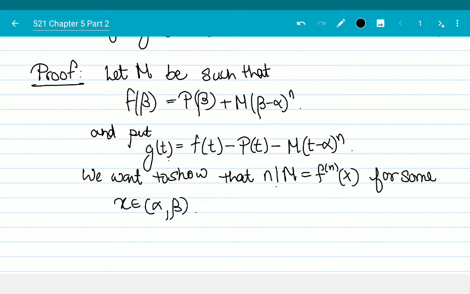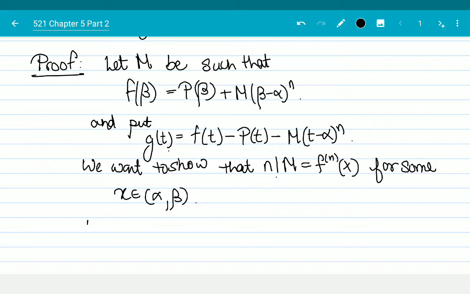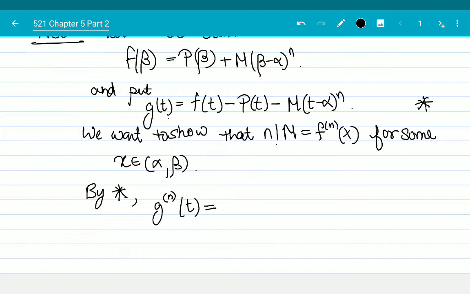Now, since I defined g(t) this way, the nth derivative of g is f^(n)(t) minus the nth derivative of P, which is 0 since P is only a polynomial of degree n minus 1, minus M times n factorial.